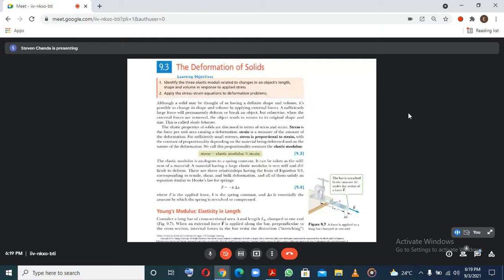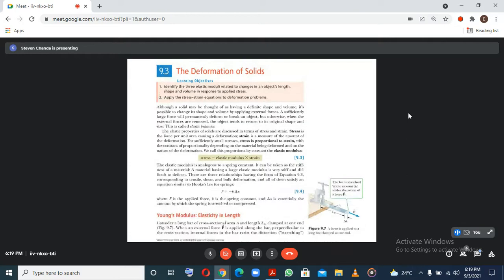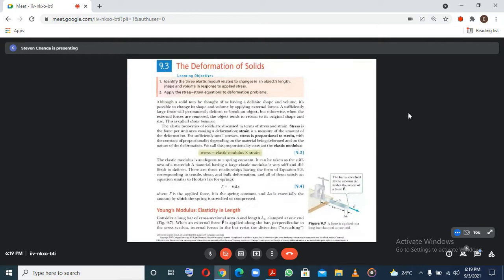However, it's possible to change both the shape and the volume of a solid, just by applying external forces. And for these substances, so long as the forces which you've used are not too large, the substance can go back to its normal arrangement.